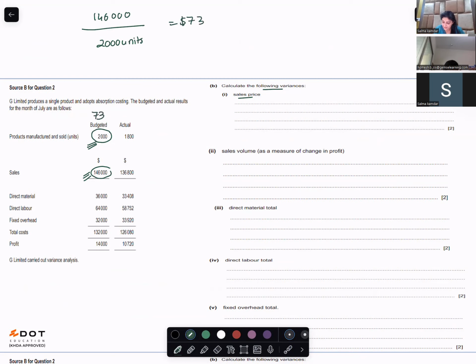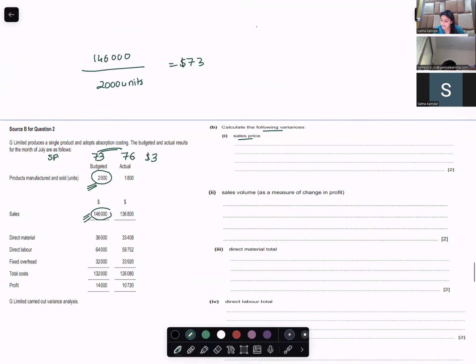So selling price per unit is how much? 73. What is your actual selling price? 76. So that means there is a difference of $3. Now in sales, you have two variances, right? What are the two variances? Sales price and the quantity.